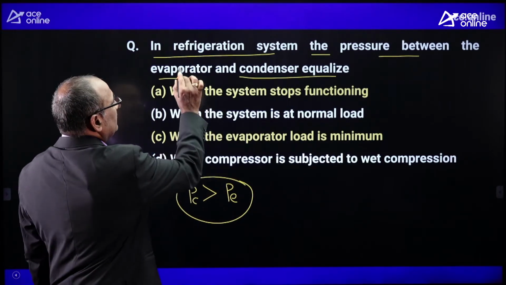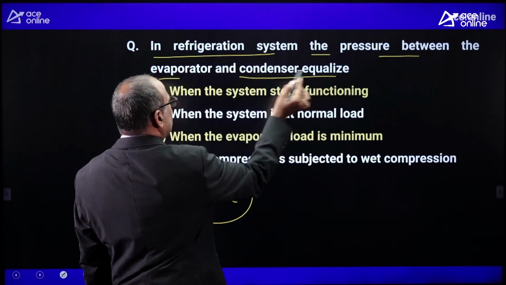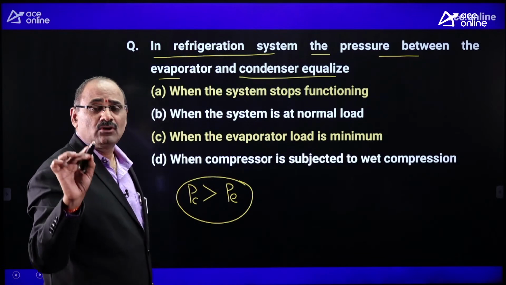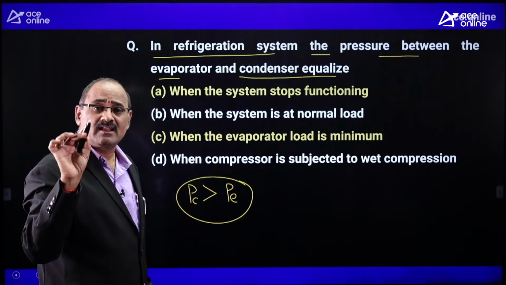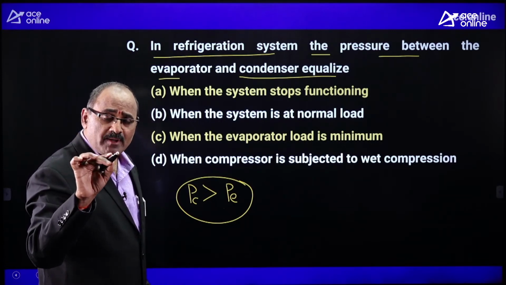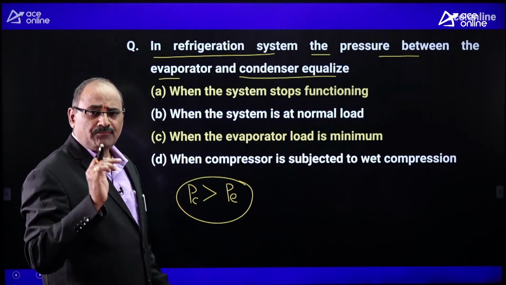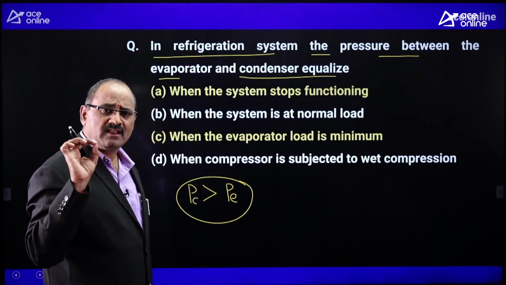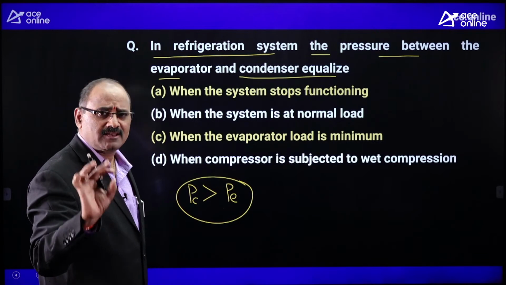But it is asked in a refrigeration system, the pressure between the evaporator and condenser will be equalized only when the system is not running. That means when you stop your domestic refrigerator, the refrigerant pressure may be equal in the evaporator location and condenser location.